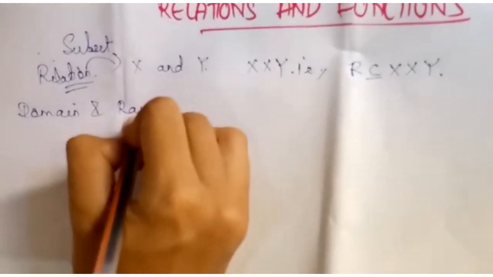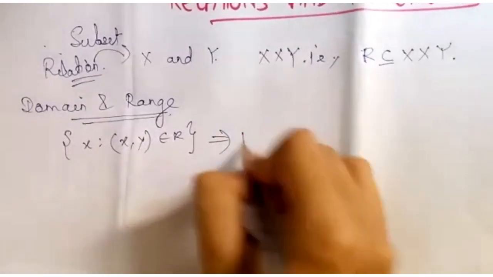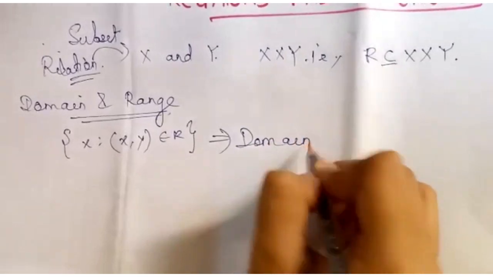Now coming to the domain and range of a relation. The domain of R is the set of all first elements of all ordered pairs in R, that is x such that (x, y) belongs to R. That is the domain of a relation.